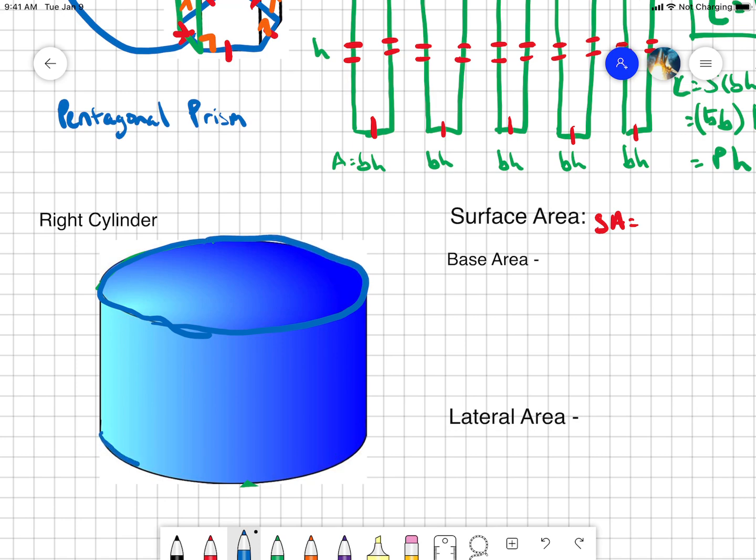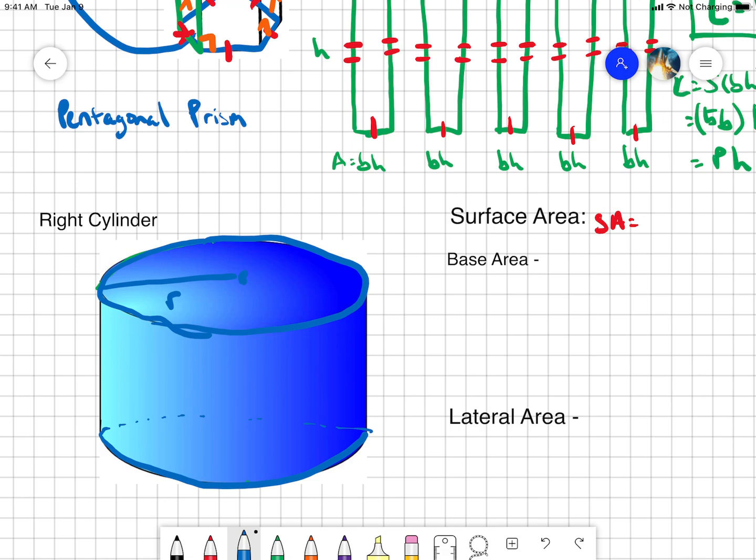And I know that this bottom has the exact same shape as the top does. Parts of the circle that we usually need are either the diameter or the radius.